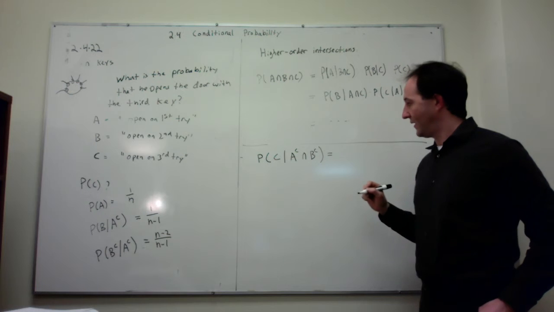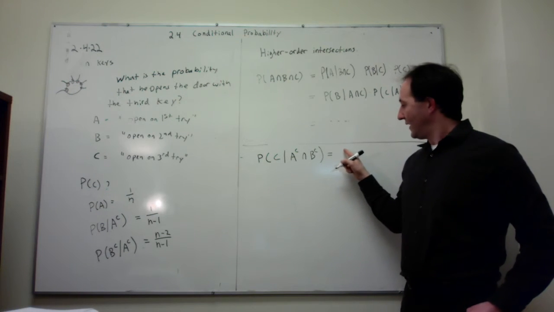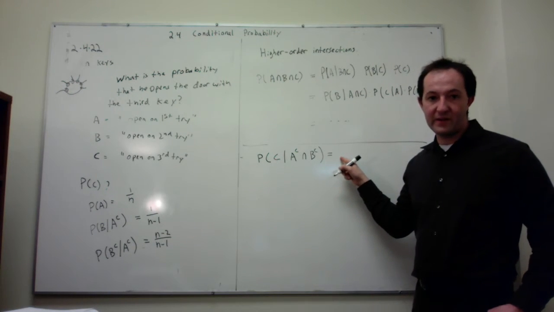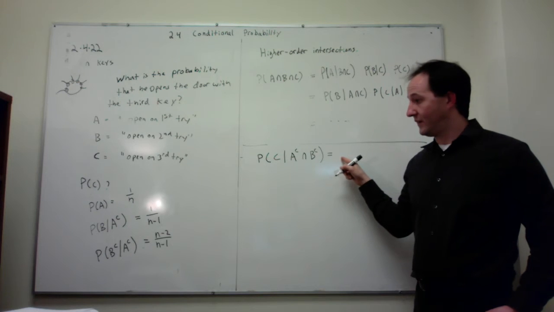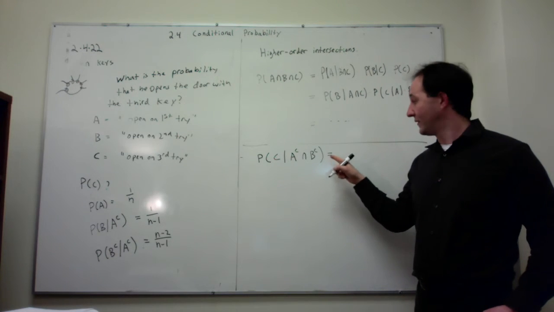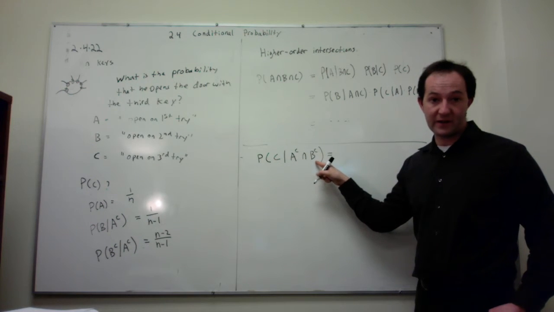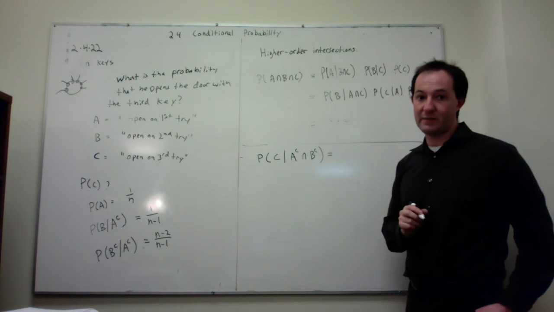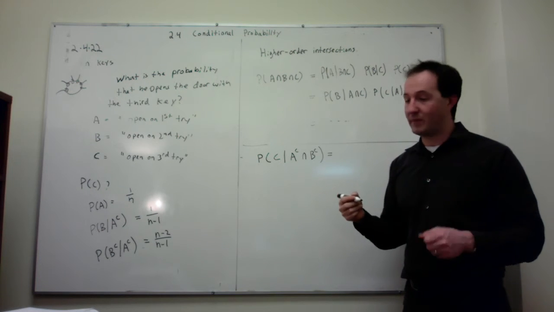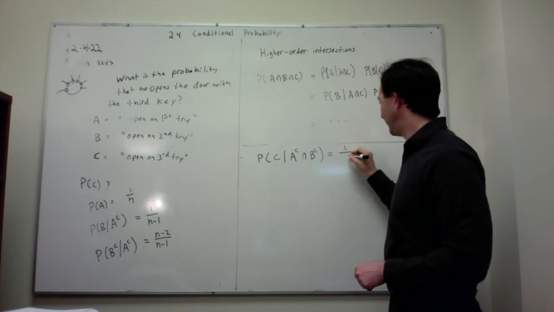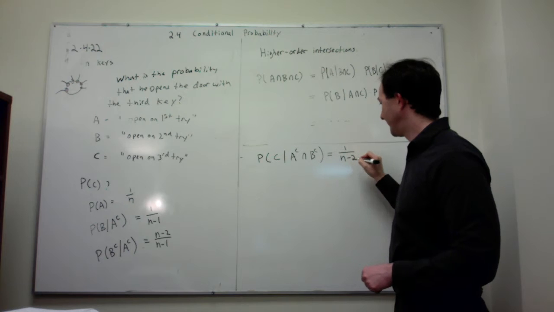At this point, the person has only n minus 2 keys, because we've conditioned on the first try not working and the second try not working. So this probability is 1 over n minus 2.